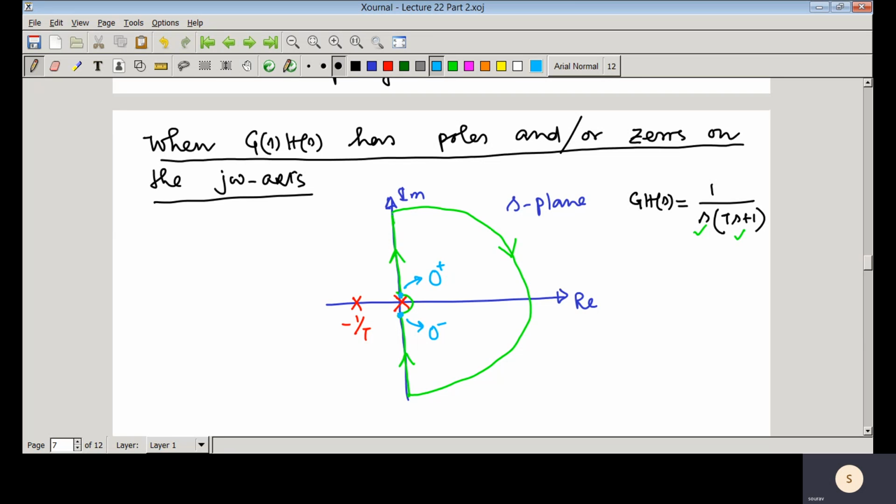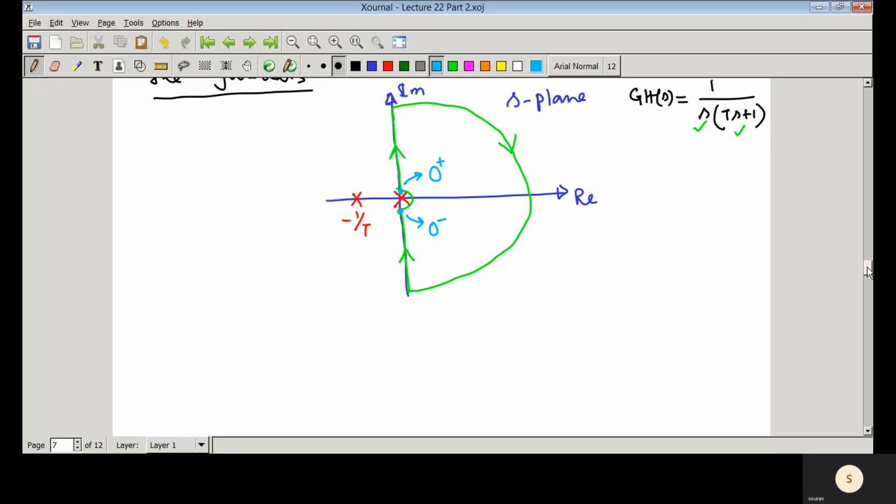So just excluding that pole, we take the Nyquist contour. This point is minus j infinity, this is 0 minus, this is 0 plus, and that is j infinity.